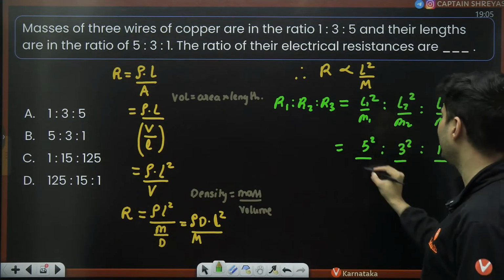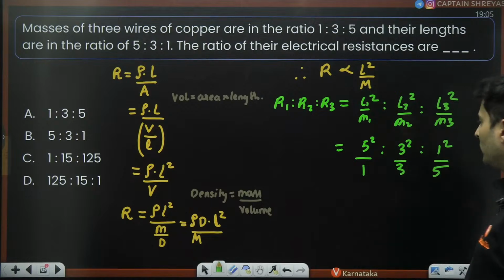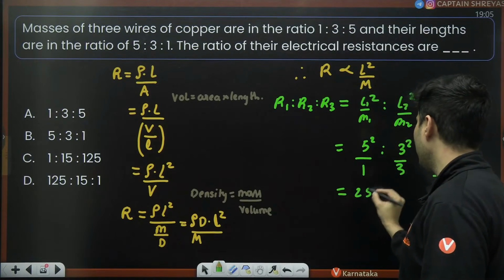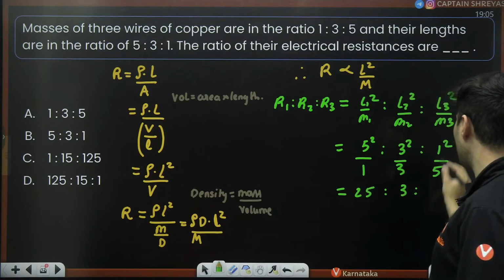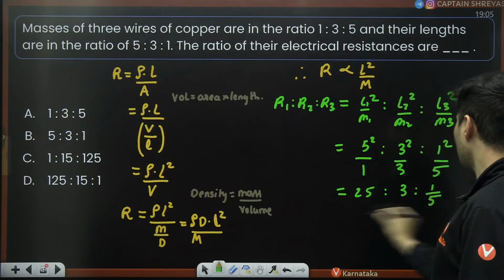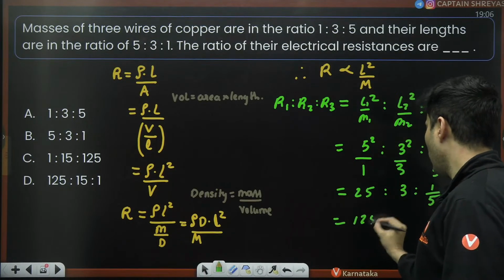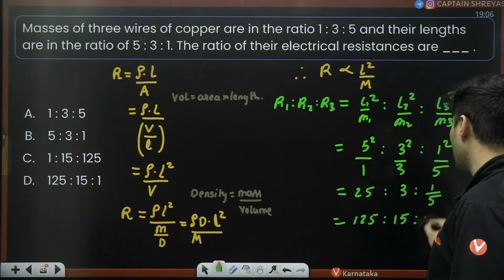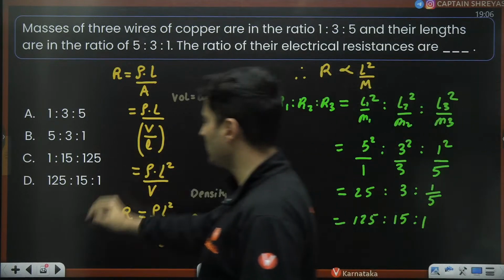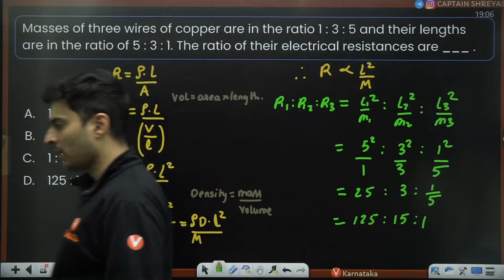Masses are in the ratio 1:3:5. So this will become 25 is to 3 is to 1 by 5. Multiply by 5 on both sides: 125 is to 15 is to 1. So that is the ratio of the resistances, which is the D option.